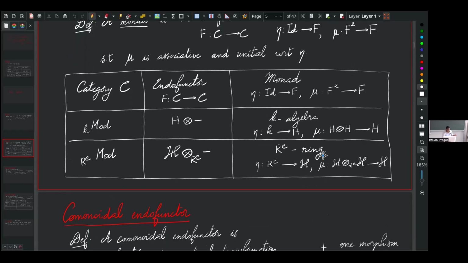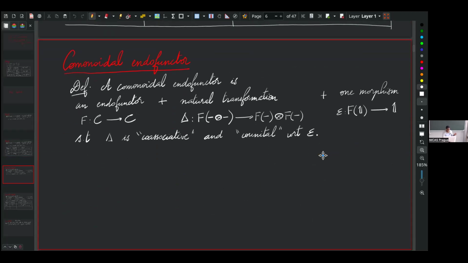The subtlety arises when we consider comonoidal functors. Being comonoidal is about the behavior of the functor with respect to the monoidal structure of the category. So a comonoidal functor consists of an endofunctor, a natural transformation, which we can think of as the comultiplication, and one morphism, which we can think of as the counit.